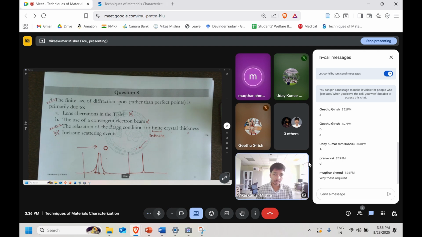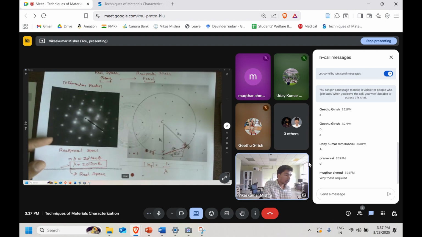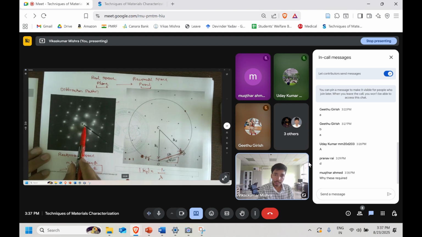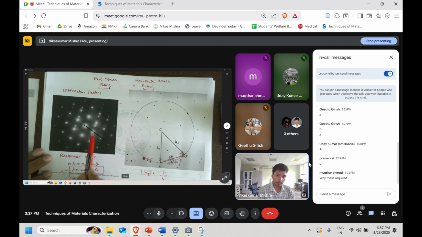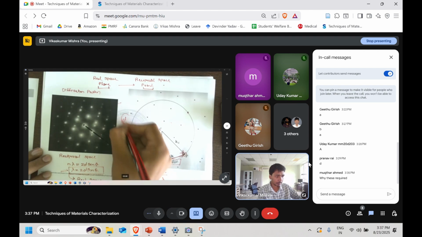Yeah, very good questions. So actually, we don't need relaxation. Initially we talked about using the reciprocal lattice points to go to real space and find the d spacing.